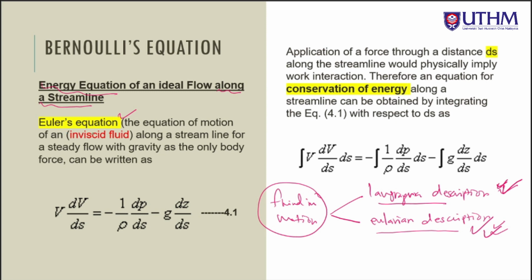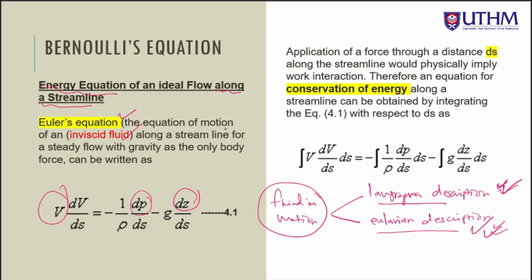Okay, so Euler's equation, the equation of motion of an inviscid fluid along a streamline for a steady flow with gravity as the only body force, can be written as follows. Apa yang kita kena consider is velocity, pressure, and also height based on gravity lah.